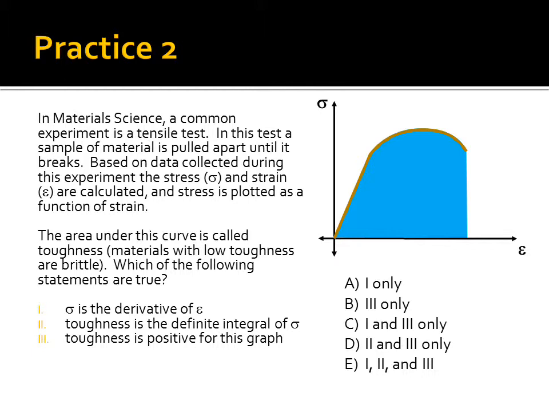Stress is a function of strain, but it is not a derivative of strain. So statement 1 is false, and that automatically rules out answer A, C, and E. So at this point, if you had to guess, it would be either B or D. But let's not guess. Let's actually work this out.